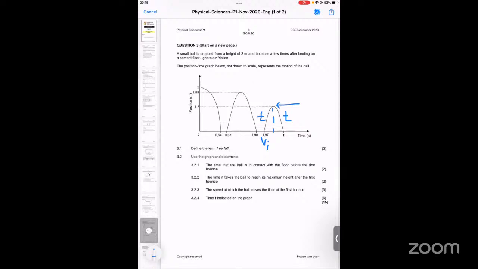Then that time you add with this time so that you have the time that takes you to that point T. So that obviously means your time will be bigger than that.